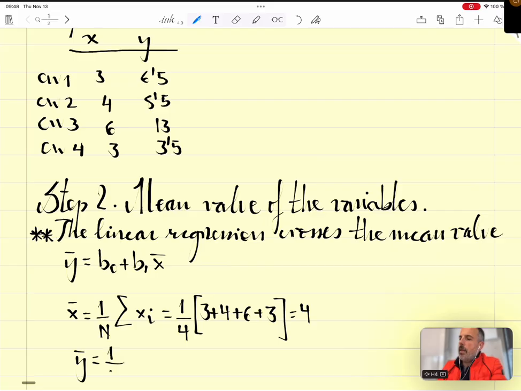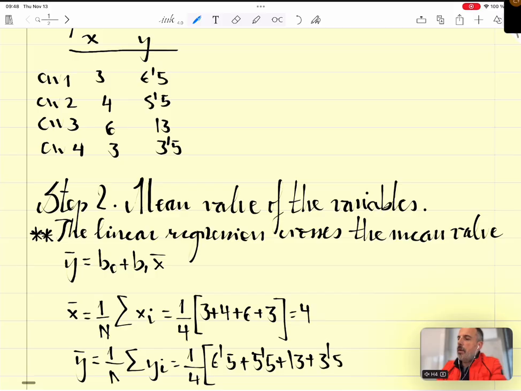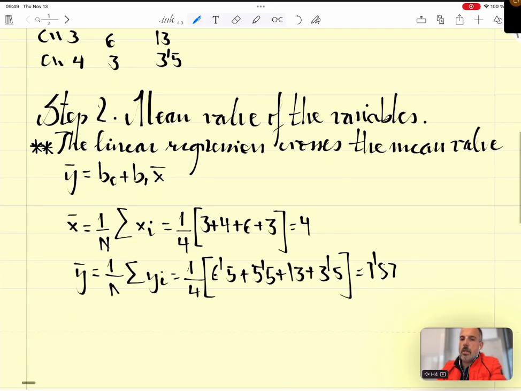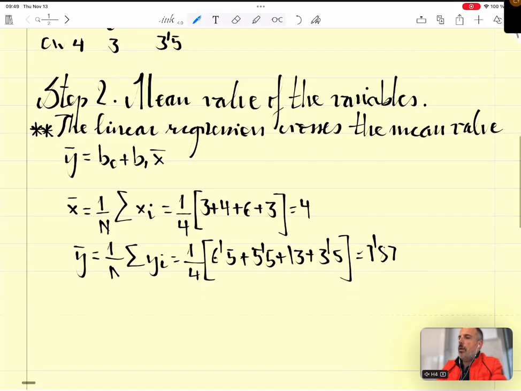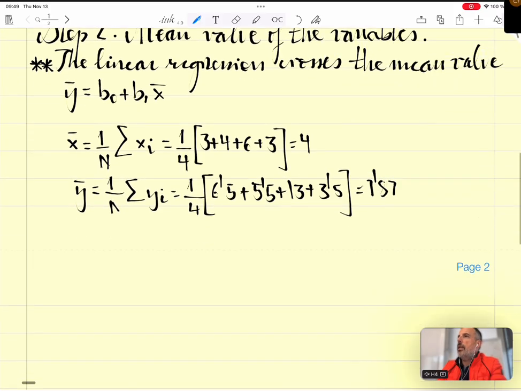And the mean value of y again equals 4.5 plus 6.5 plus 13 plus 3.5 equals 7.87. Okay? So this is just a piece of cake. I don't need to explain how to calculate a mean value, right?